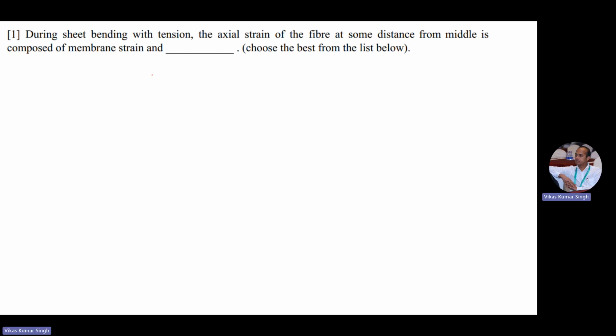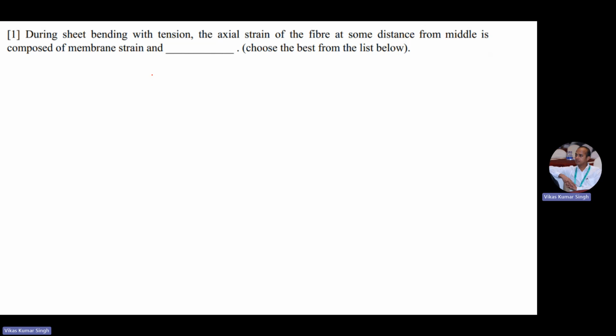One more thing: in assignment number 6 and assignment number 7, many objective questions are there, multiple choice questions, MCQ.